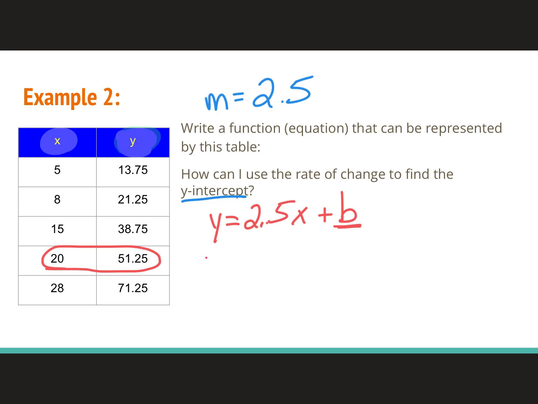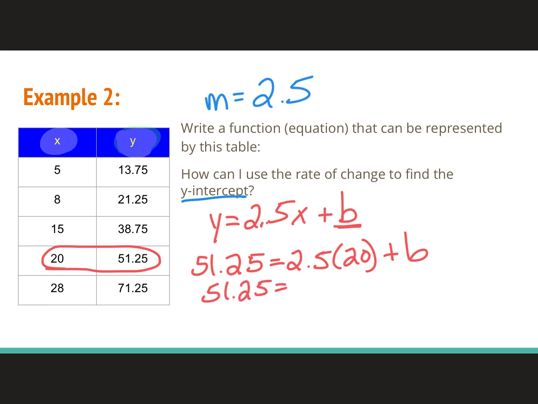So I know 51.25, my y, equals 2.5 times 20 plus whatever b is. So 2.5 times 20 gives me 50. So I have 51.25 equals 50 plus b.